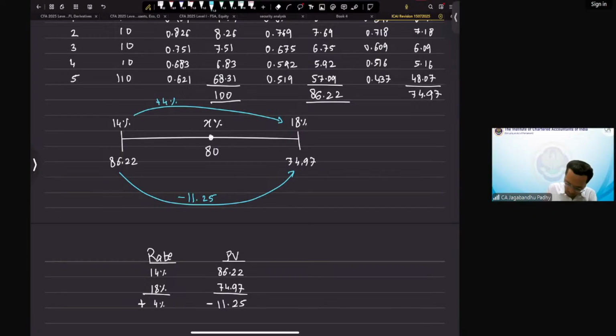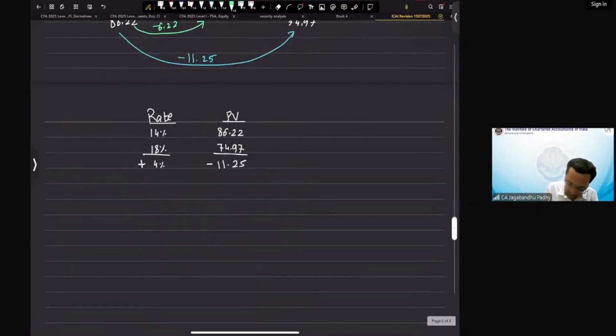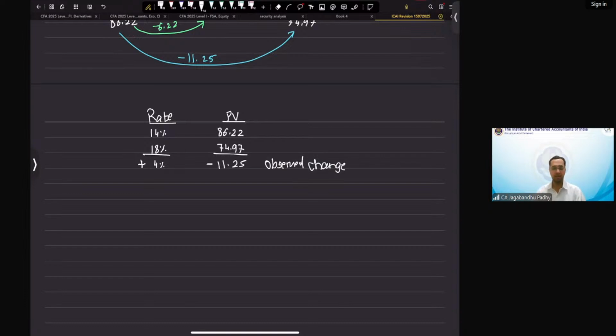We want to know, for this particular reduction, from 86.22 to 80, it is obviously a 6.22 reduction. So this is the observed change: when I'm increasing the rate by 4%, the present value is getting reduced by 11.25.